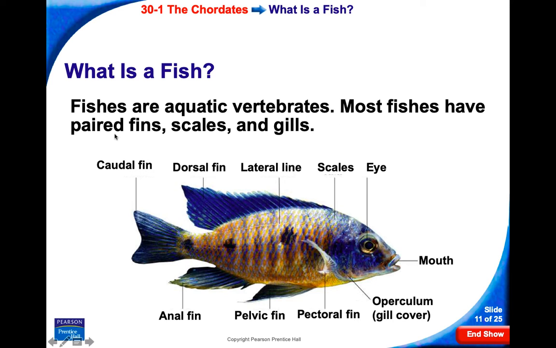Now, the fins, I don't have it here, but you can see that there's a variety of them, dorsal, lateral, and so on. These fins, their main job is for movement. So just like you would use a paddle to steer a boat, these fins act as rudders and paddles to help the fish to move. In terms of the scales, which cover the body, their main purpose is protection, which makes sense.